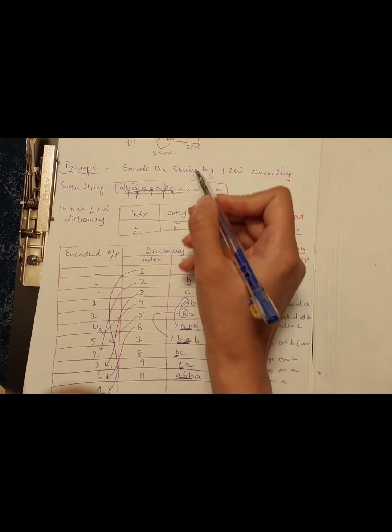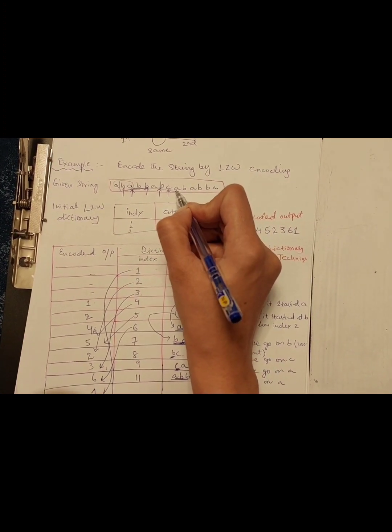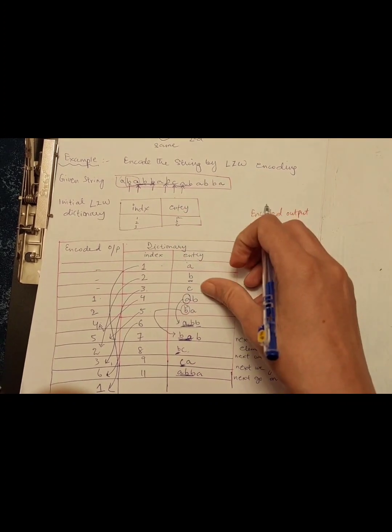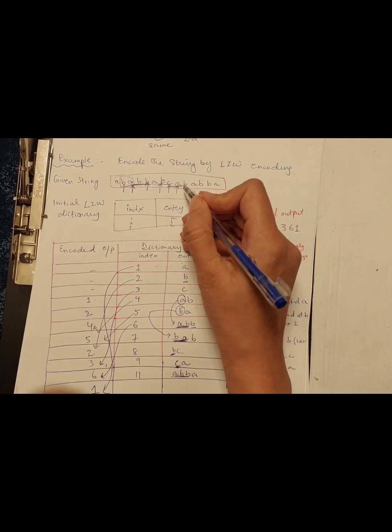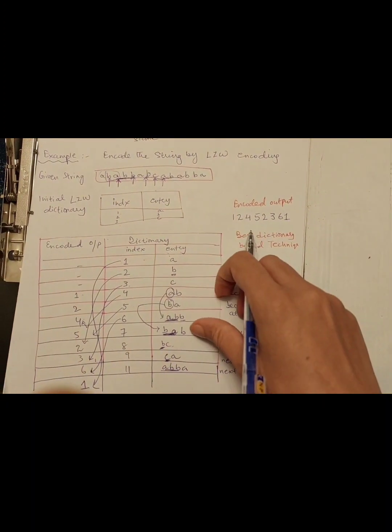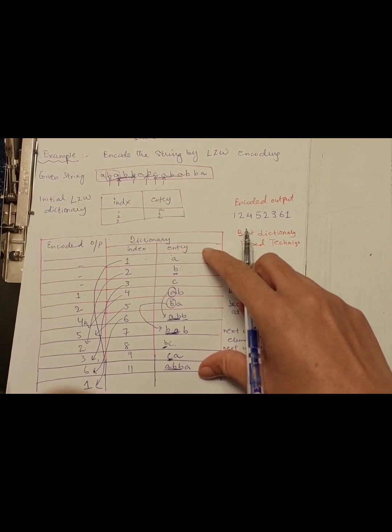Alright, so after CA the pointer will come over here, and if I consider AB, you know that AB was already there in the data entries, and if I consider ABA, I can check it from the table.